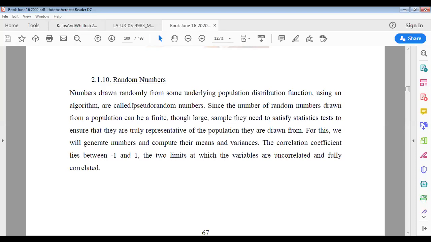For my use, pseudo-random numbers are good enough because I need an algorithm which I can put in a computer program, and I can start generating random numbers, which of course will have some period. As you'll see, they will have some repeatability, but they should be so big that they do not reproduce themselves after 1,000 or 10,000 or 50,000 or 100,000 histories. So they should be things which have not occurred before.